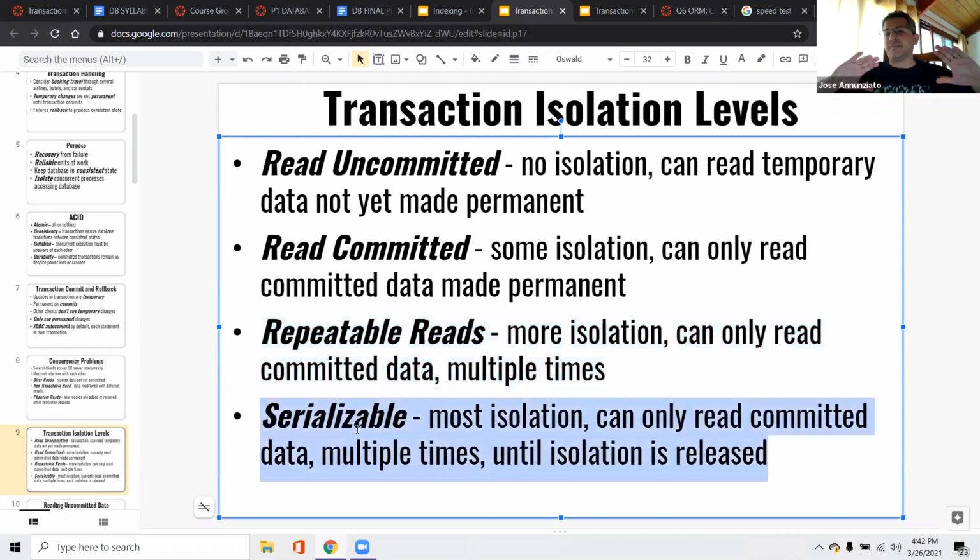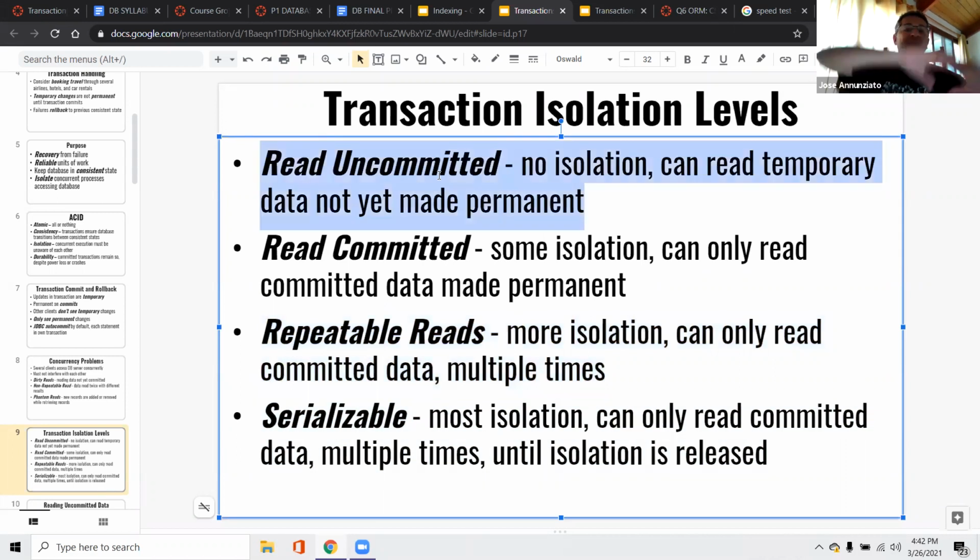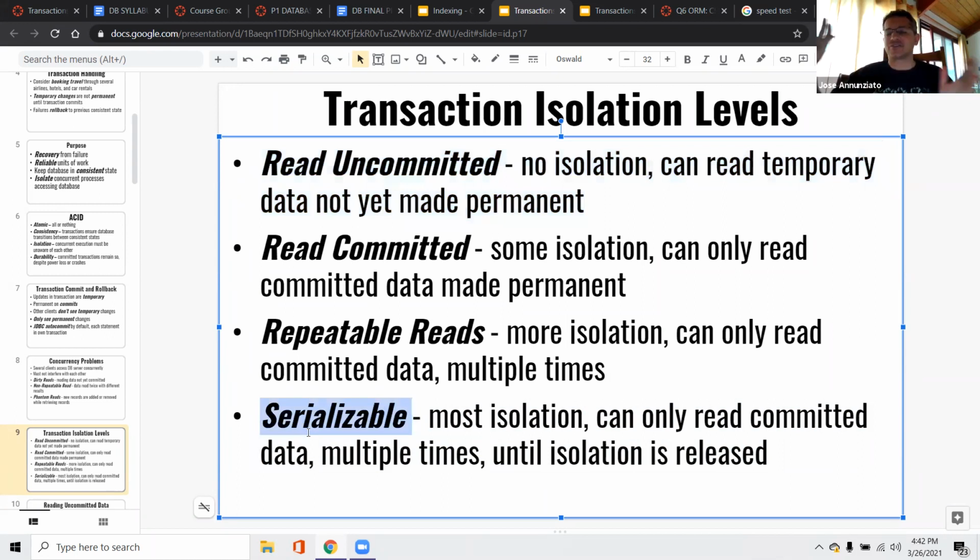Serializable is the other extreme, right? If read uncommitted is the chaos, everything goes extreme, serializable is the other extreme. Everybody is in lock step. Everything happens in order, and so now instead of just locking one row, I might lock a set of rows or maybe an entire table, right?